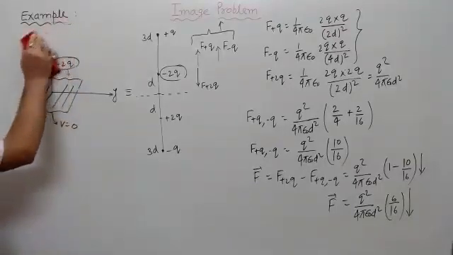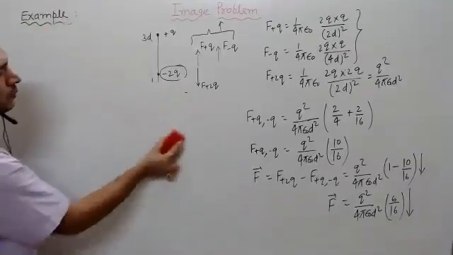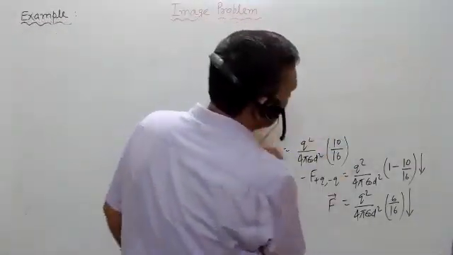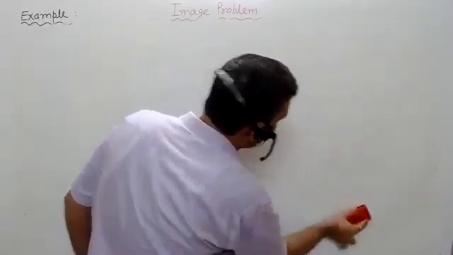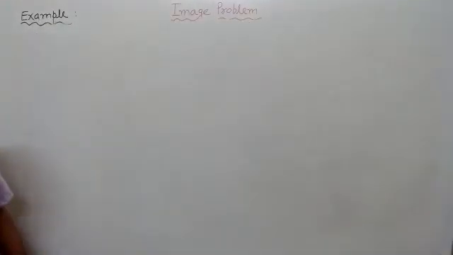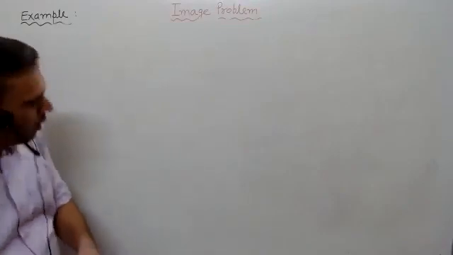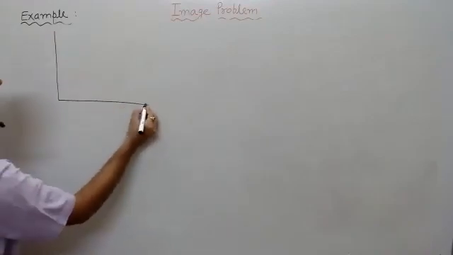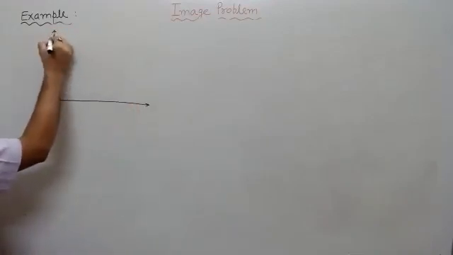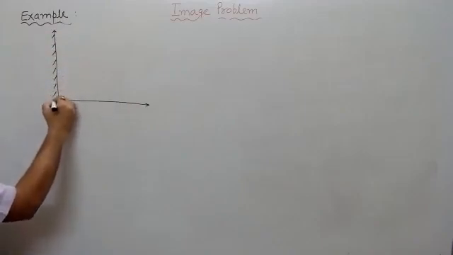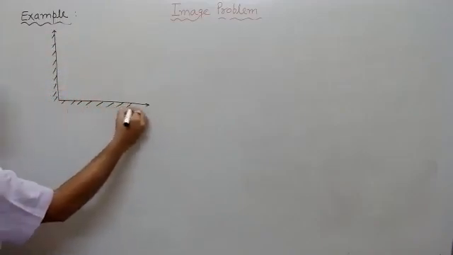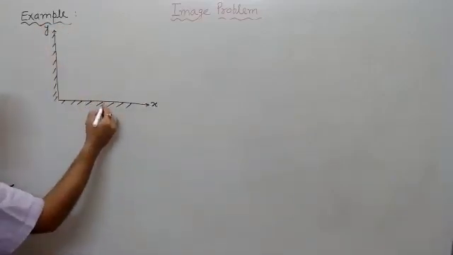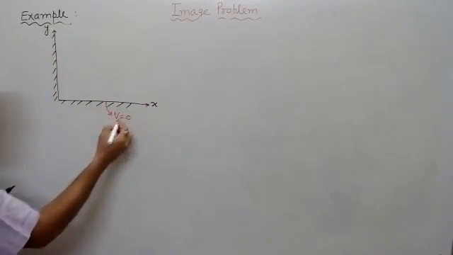Now we will see the next example. Now let us consider you have a conducting sheet placed perpendicular to each other along the x and y direction, and it's a grounded conducting sheet.